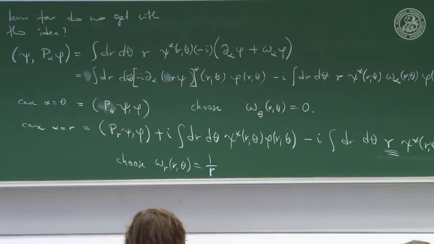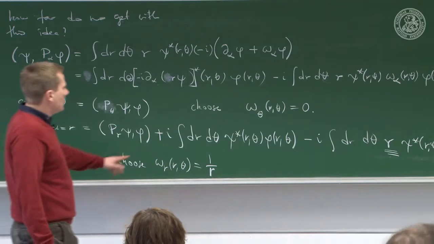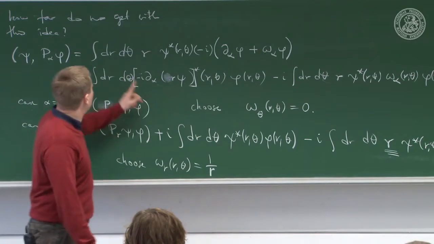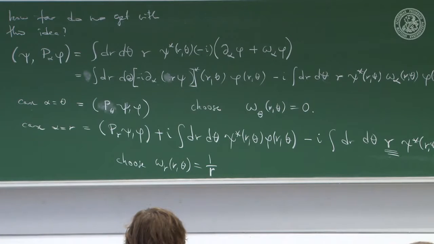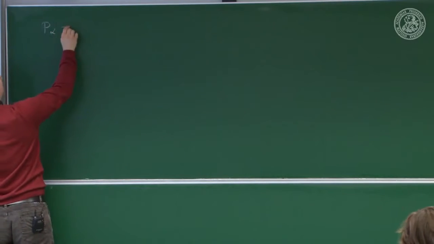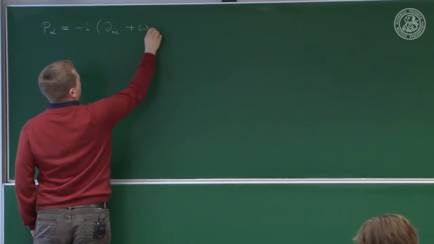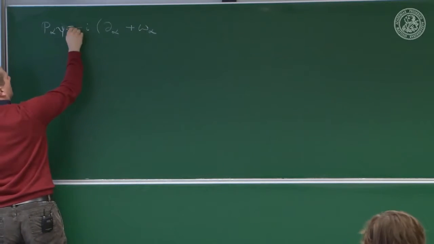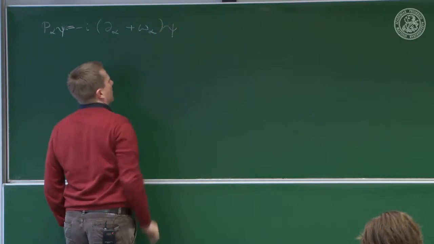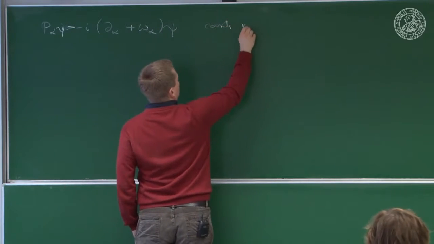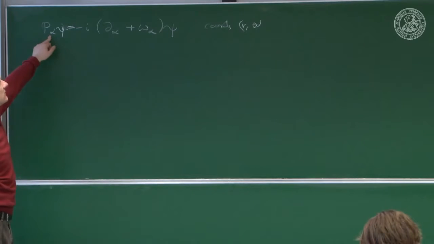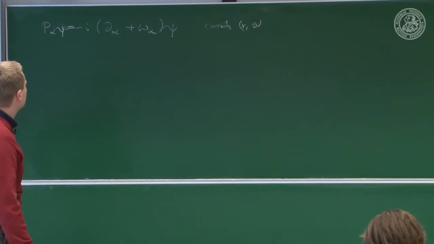Now one might worry whether this change of the P here, however, destroys the commutation relations. This could, of course, be the case. Well, let's check that. So what we found is that P alpha is minus I del alpha plus omega alpha, acting on a wave function psi, and this whole thing in coordinates r, theta, so that this is the tangent vector index to the r, theta coordinates that are being induced.